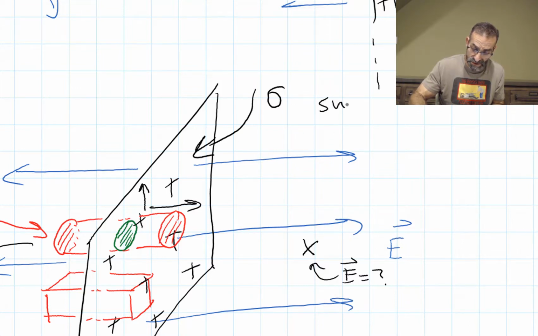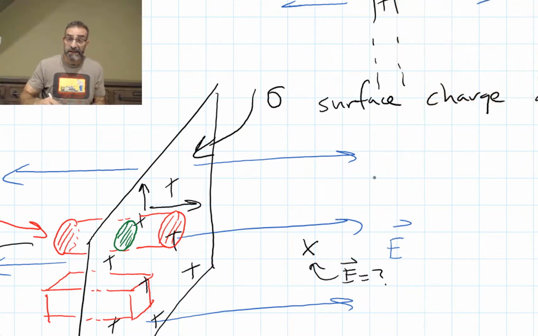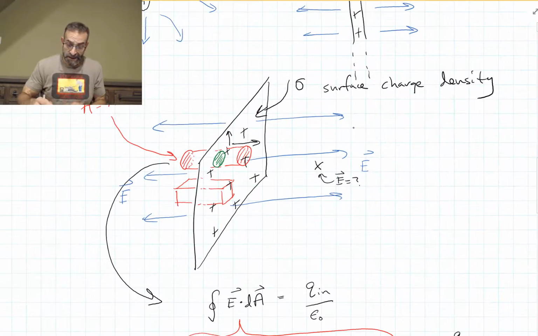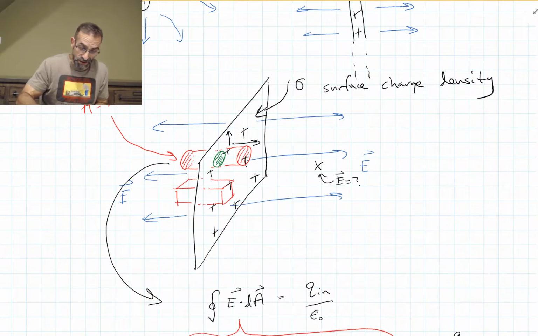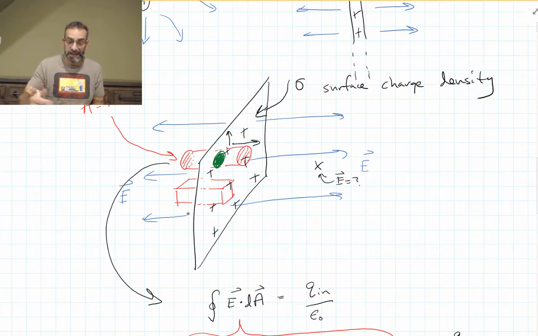Sigma would be given in the problem. Now I can figure out how much charge is inside of my cylinder in this green area here. It's the area A multiplied by sigma.